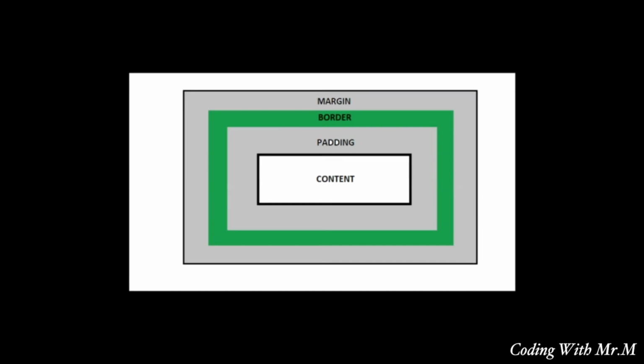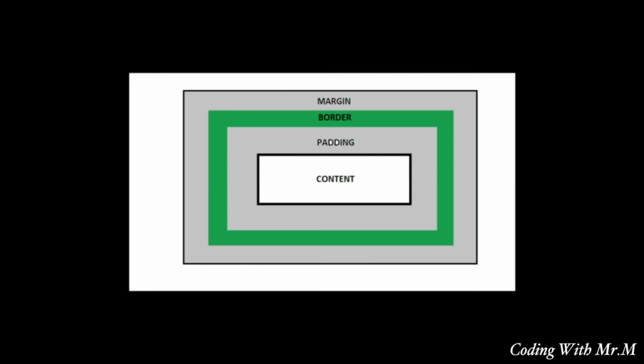Okay, so box model has multiple properties in the CSS. So first of all, I'm going to talk about the borders and margins and paddings and content. Okay, this picture illustrates the box model, and then border area.